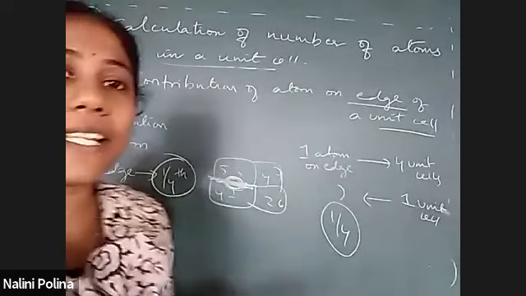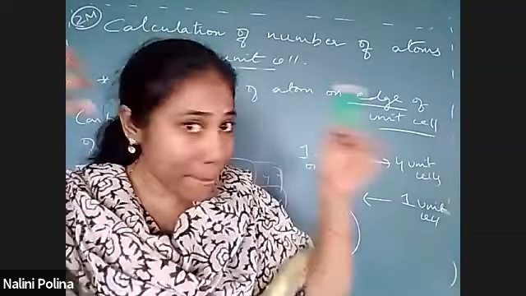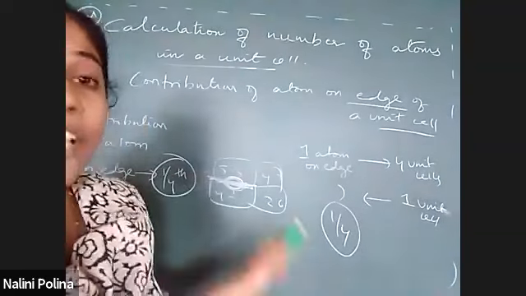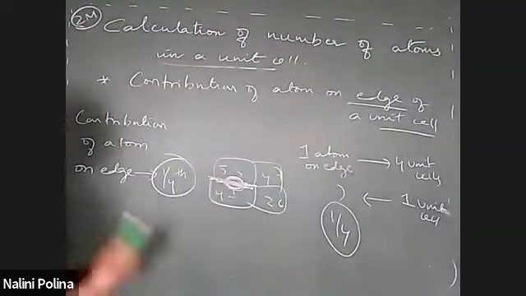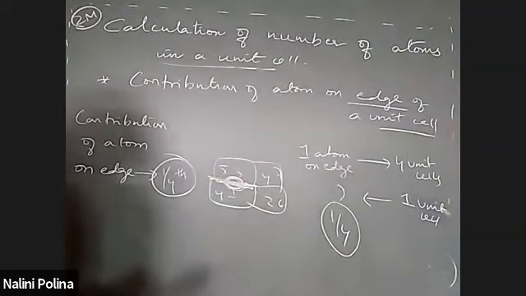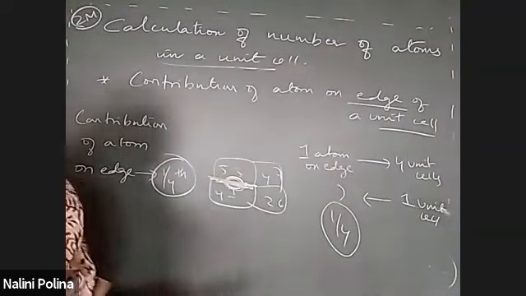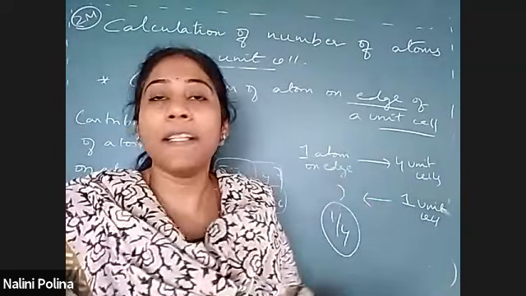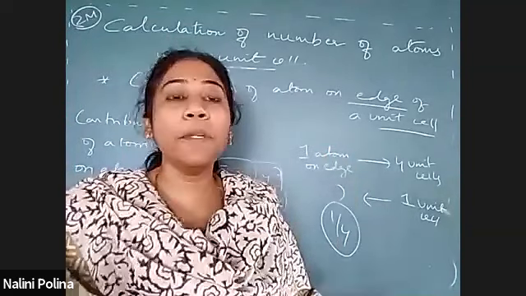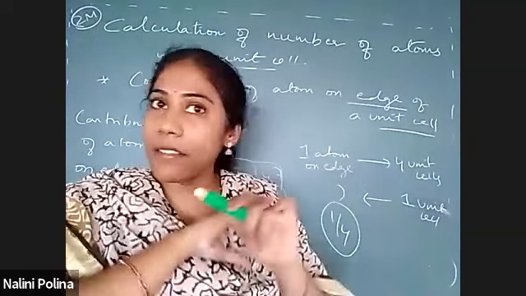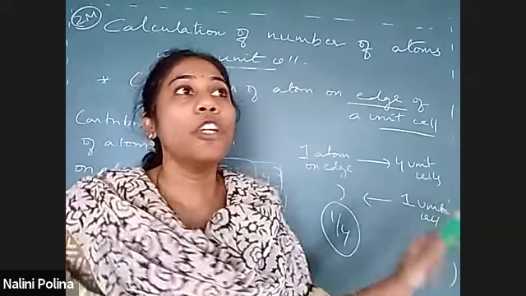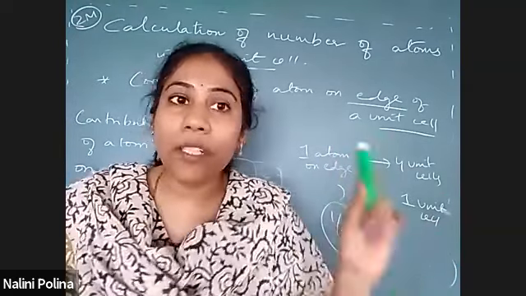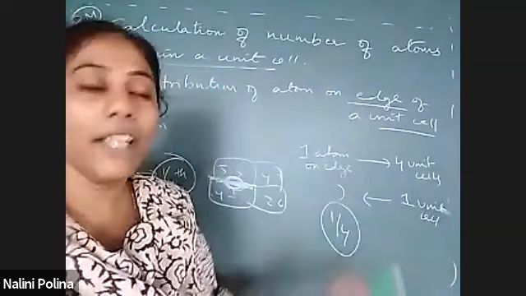The contribution per unit cell, that we discussed. So this idea is really very, very important. It should be fixed in your mind, especially for the competitive exams. Contribution of a corner atom is 1/8. Contribution of an atom in a body is 100%, that is 1. Contribution of an atom on a face is half, 1 by 2.